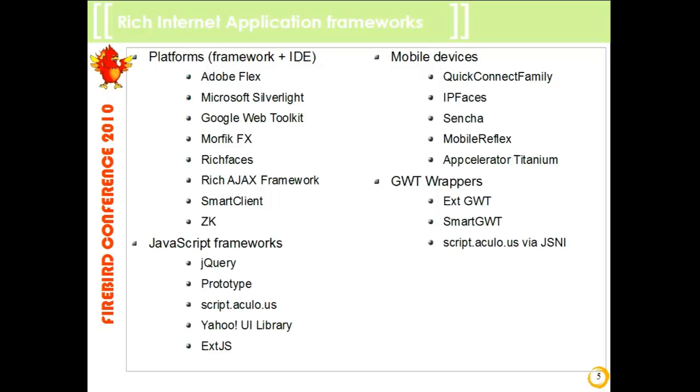This is just a short list of different frameworks that you have for rich internet applications. One of the interesting ones is also the Rich AJAX Platform from Eclipse. The idea is that the Eclipse framework implemented their own widget library called SWT.